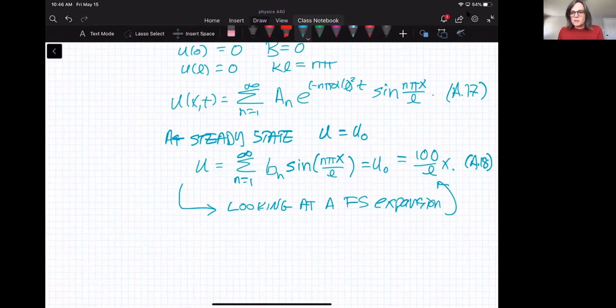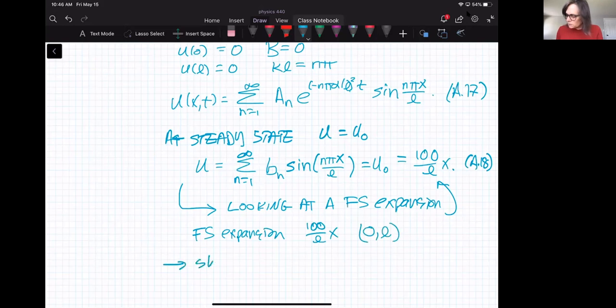And if you do the Fourier series expansion of 100 over L times x on the interval from 0 to L, you can show that b sub n is equal to 200 over pi times minus 1 to the n minus 1, over n.